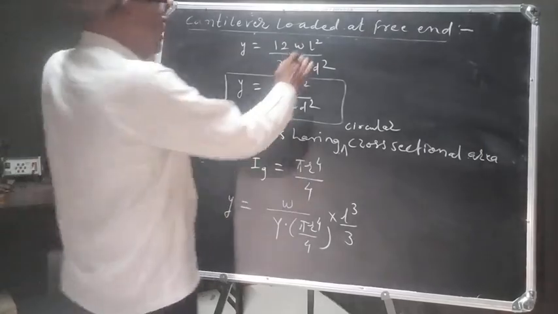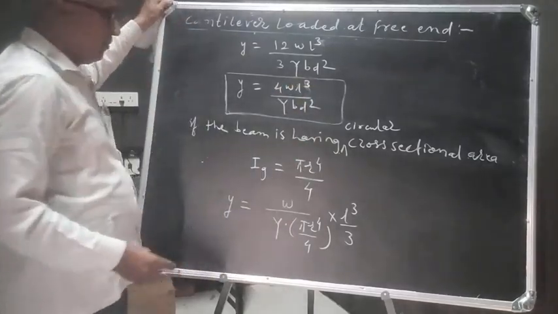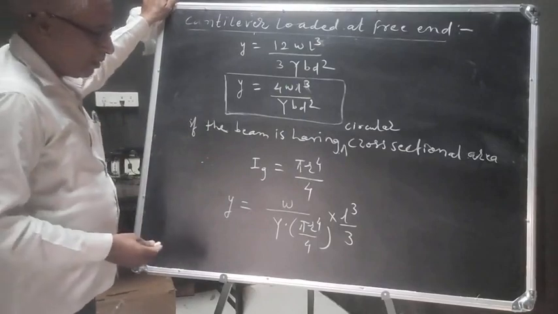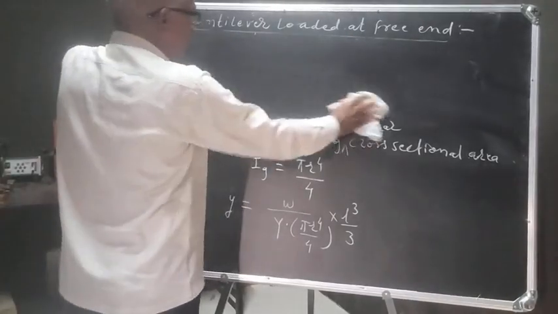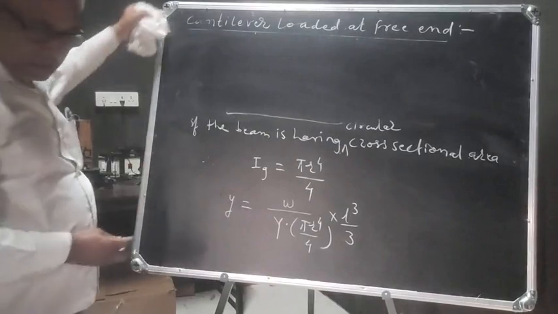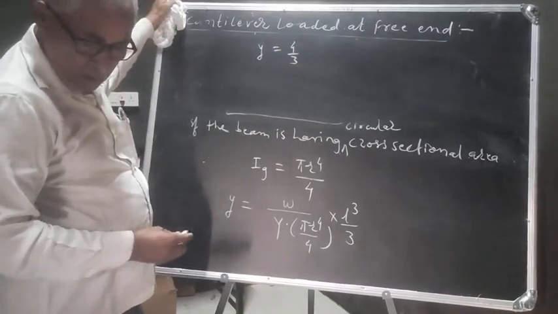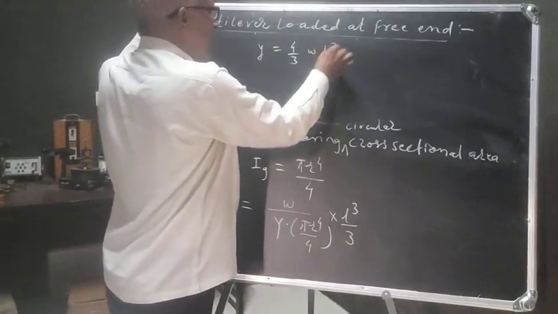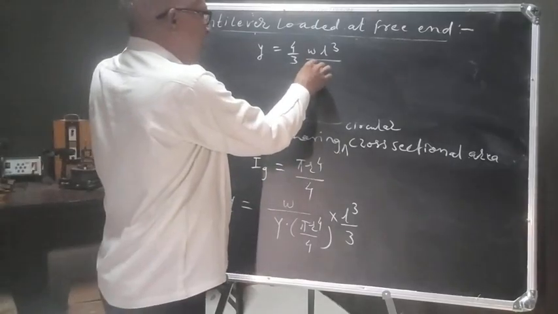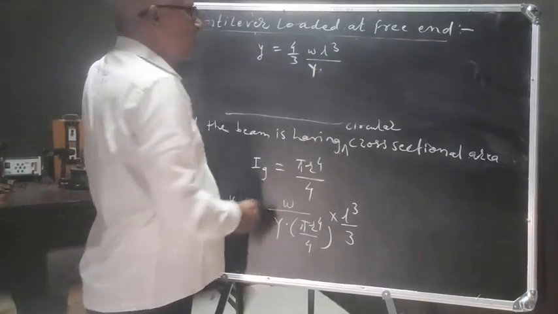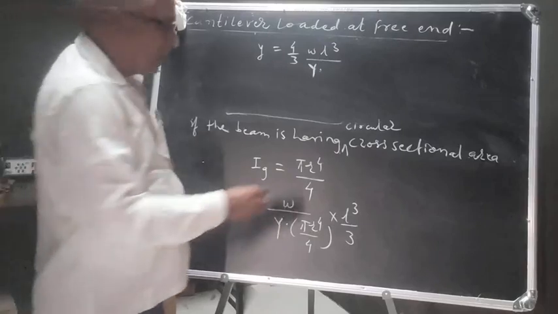Here in this equation it is also L cube. Now we simplify this equation, and lastly we get y equals 4 by 3 W L cube upon Y into pi r raised to 4.